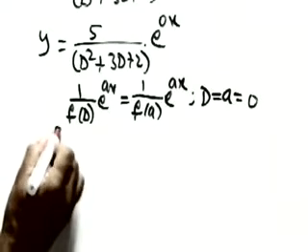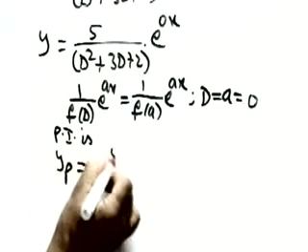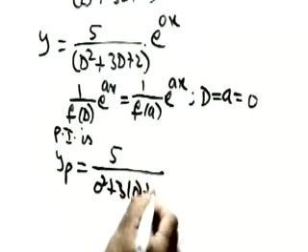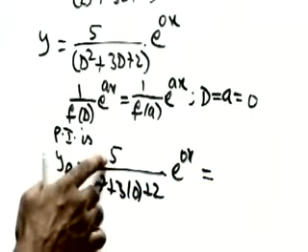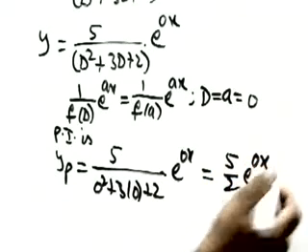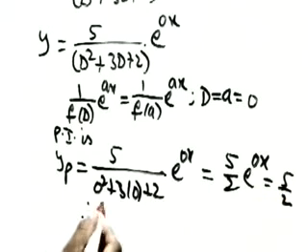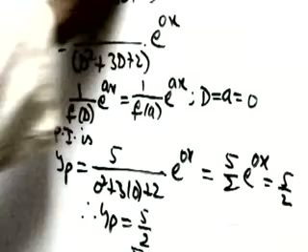If we keep D = 0, therefore the particular integral is yp = 5/(0² + 3(0) + 2) e^(0x). Now this is 0, this is 0, what is left is 5 by 2, 5/2 e^(0x). Again e^(0x) is 1, so we can just write 5/2. Therefore the particular integral is yp = 5/2.